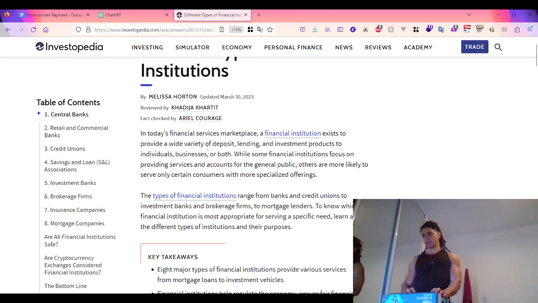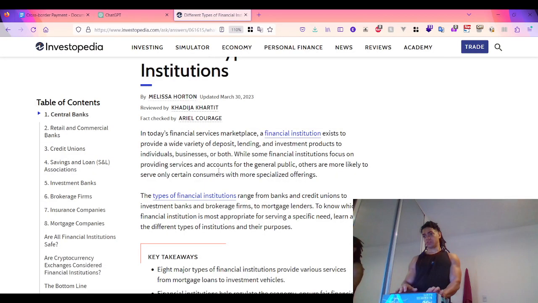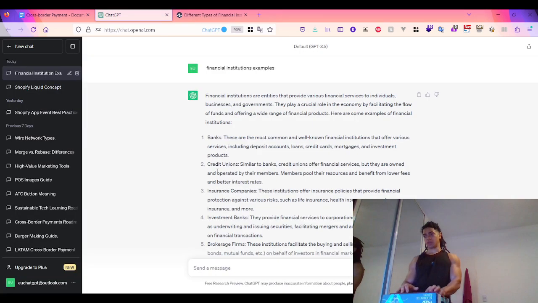In today's financial service marketplace, a financial institution exists to provide a wide variety of deposit, lending, and investment products. This is in terms of functions. Exactly.